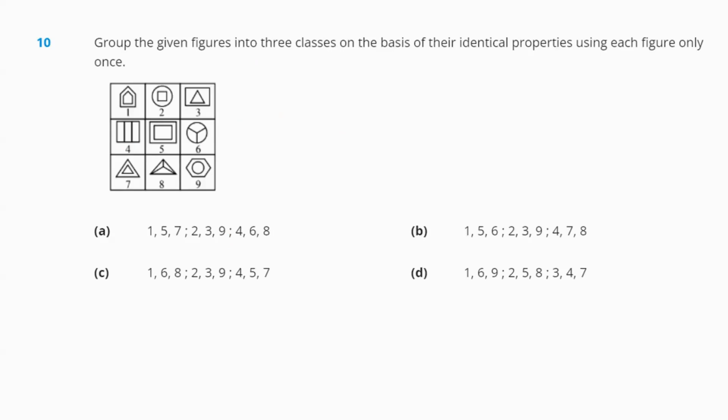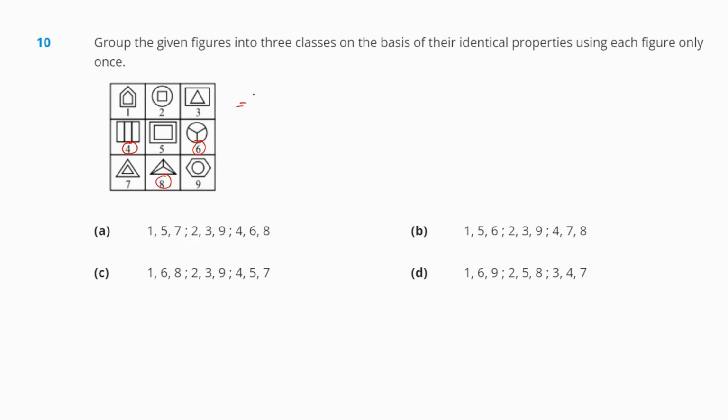Group the given figures into 3 classes on the basis of their identical properties using each figure only once. Let's see type of figure. See, this is the one type of figure in which it is divided in 3 parts. This is other in which a similar smaller figure is embedded, and this is a third pattern. So the first pattern we divided in 3 parts. So it is 6, 4, and one more is 8.